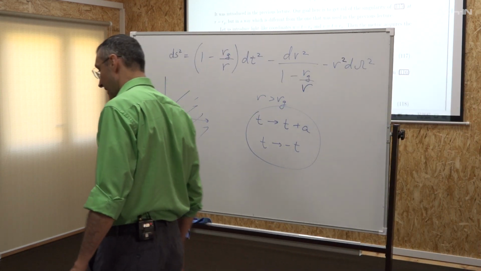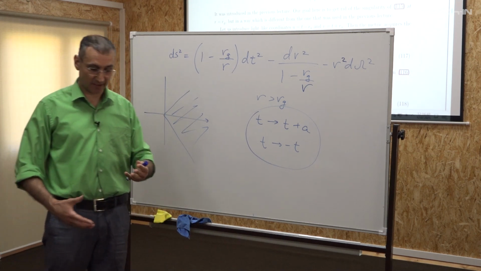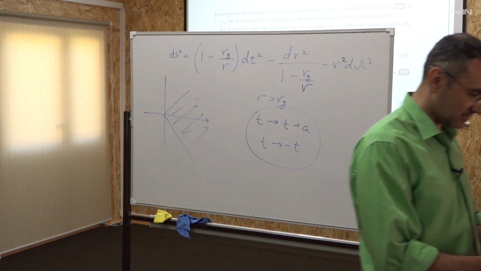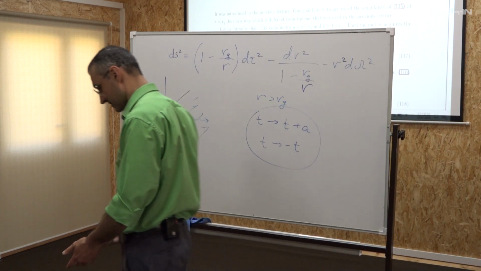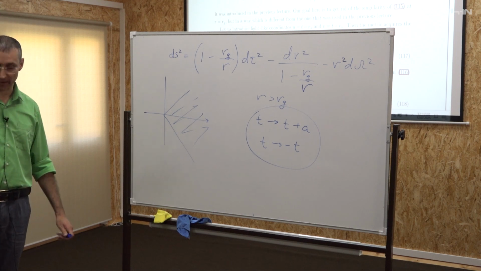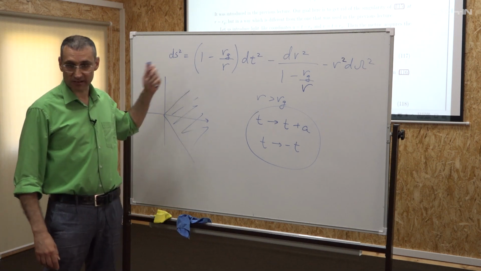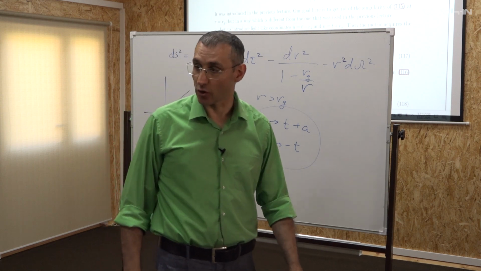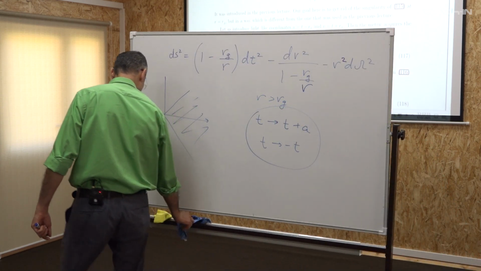One more thing: this metric does describe approximately the solution which is the result of the collapse. So if you take the solution describing the collapse and take its eternal form, I mean the form when you take time to infinity, it looks like this solution. Locally, it looks like this, not for all times.